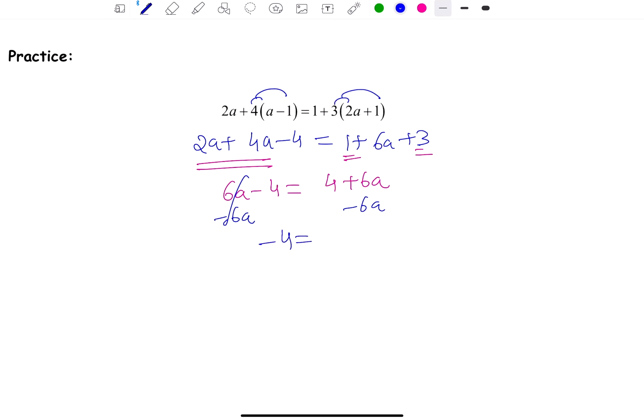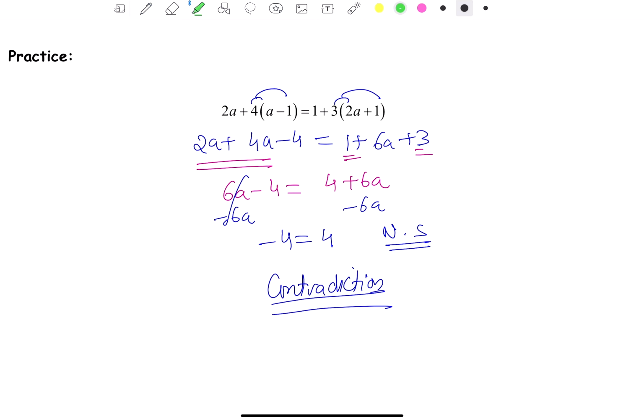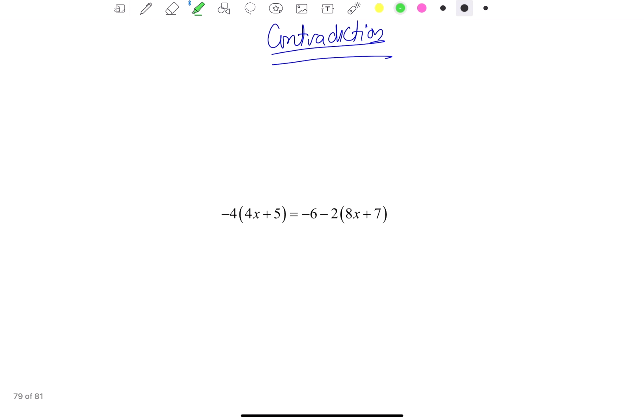When I do that, I'm left with negative 4 equal positive 4, which is not true. So in this case, there is no solution, and this is a contradiction. This is never going to be true. For this equation, there's no value that the variable a can take to make the left and right hand side equal. So it's never going to be true. There is no solution to this equation.